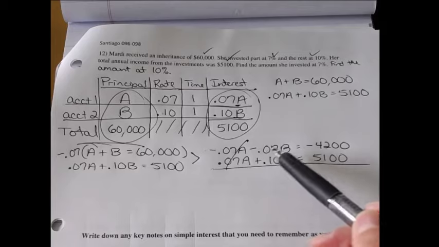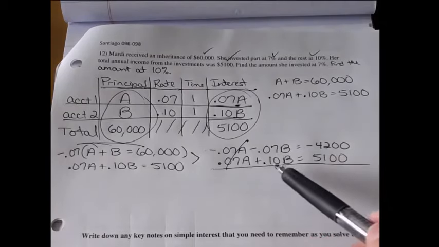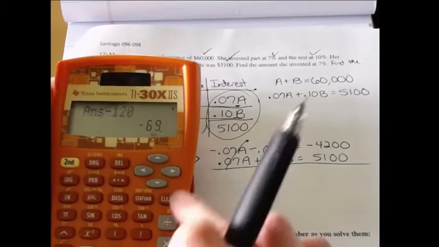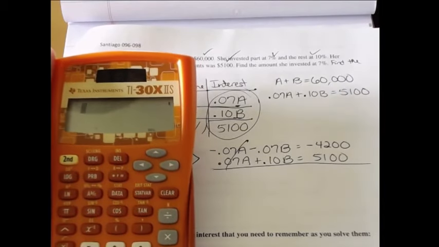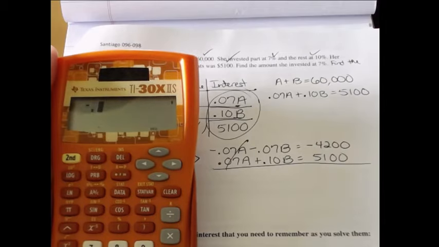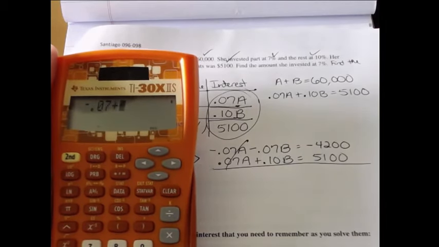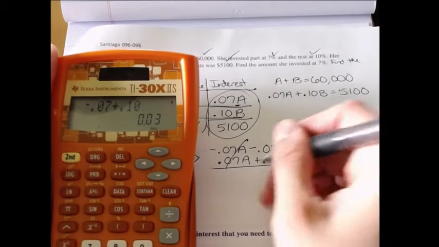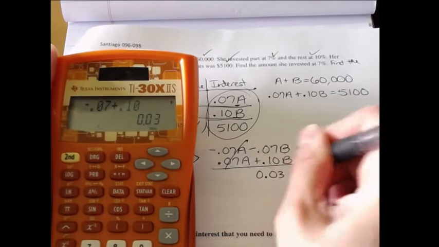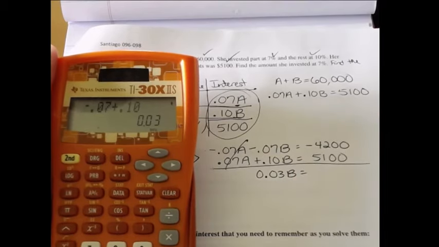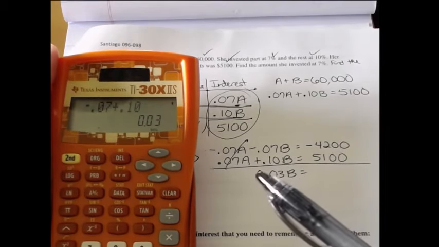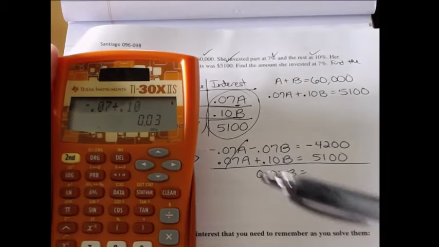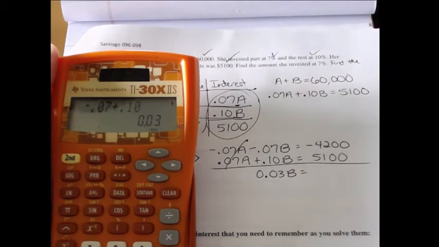Next, we have a negative 0.07 plus 0.10. Be careful as you punch this in. I just want to show you. You want to make sure you've got the negative 0.07 and then plus 0.10. That'll give you 0.03B. Be super careful as you do this math. I've been finding that there have been many errors based on not plugging it in correctly with all your signs.